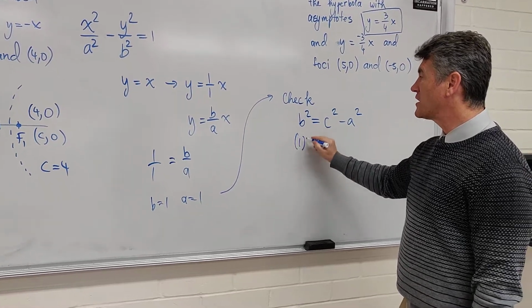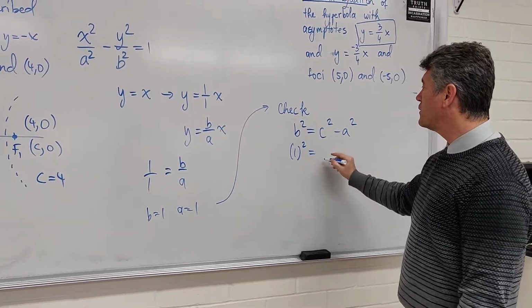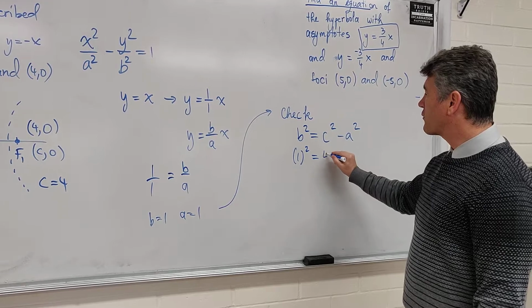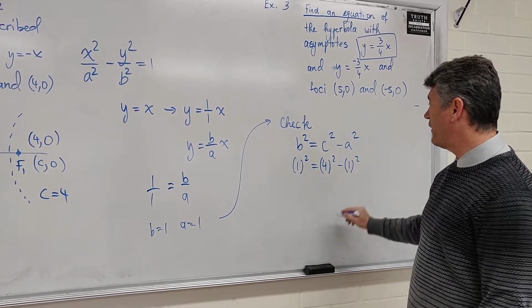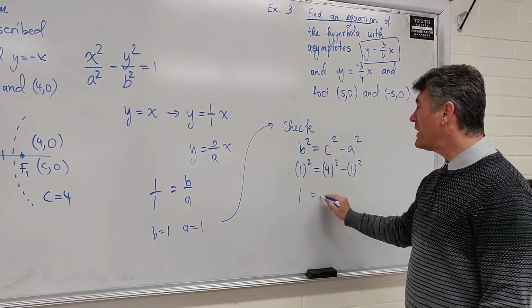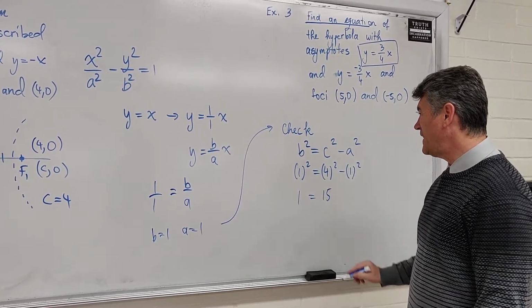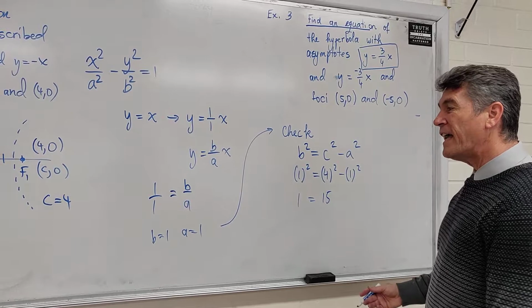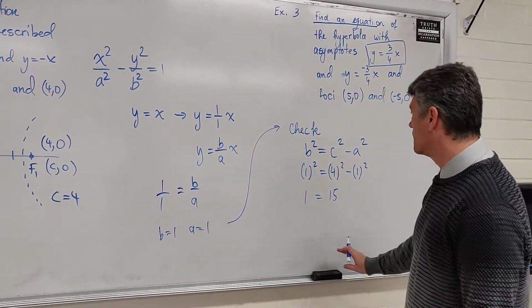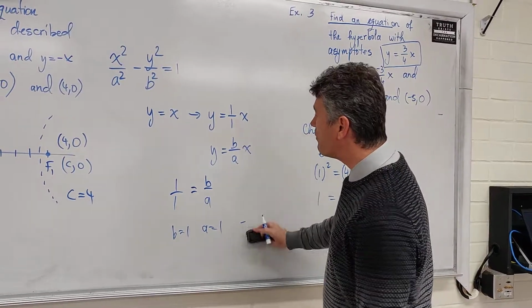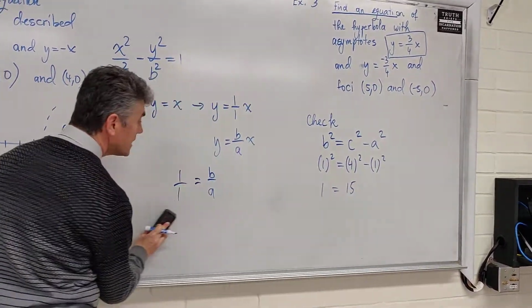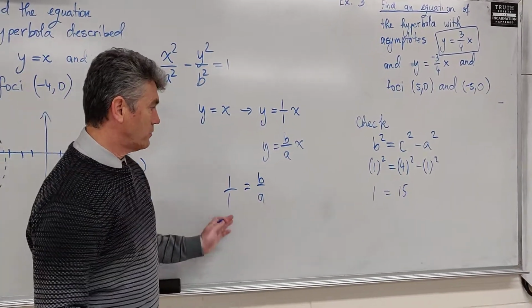Is 1 squared equal to 4 squared minus 1 squared? Again, 1 equals 15? Uh-oh, our a and b are wrong. What do we do then? Are we doomed? Is this problem impossible? No, this problem is not impossible.